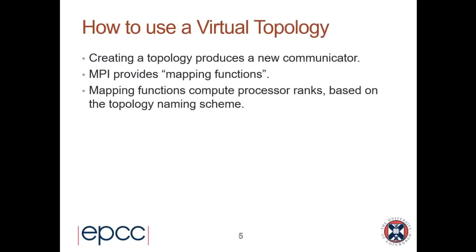So how to use a virtual topology? Creating a topology produces a new communicator. You start off with, for example, MPI_COMM_WORLD, and you tell MPI, look, I want to create a new communicator which has the same number of processes in it, but I want them to be arranged in a grid, and that's called a Cartesian topology.